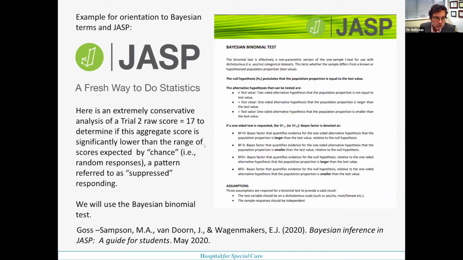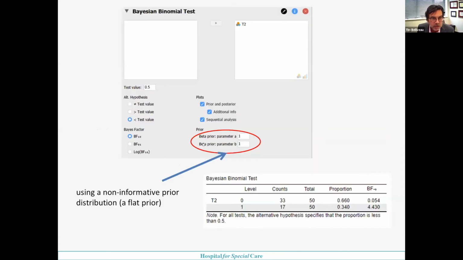We know that there are norms for different groups of people, normal, healthy individuals versus other groups, but this is really just an example of applying a Bayesian binomial test to answer the question, is this score of 17 significantly less than the random range? So if we are using the JASP program, what we have on the left side of the screen is a test value of 0.5, which represents the probability of a correct answer for each of the independent test items.